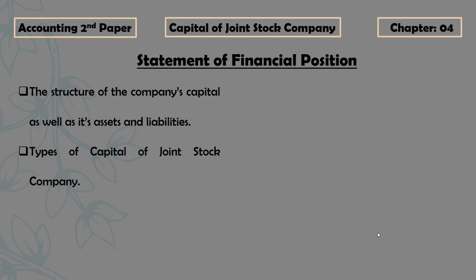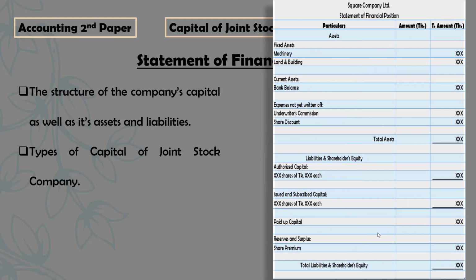That means we need to know the overall structure of the company, how much capital it has put into the business, as well as its corresponding assets and liabilities. Moreover, we need to consider the types of capital of a joint stock company. Let's see a snap of a statement of financial position.